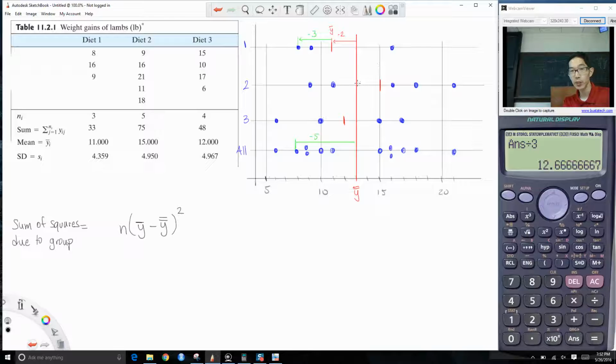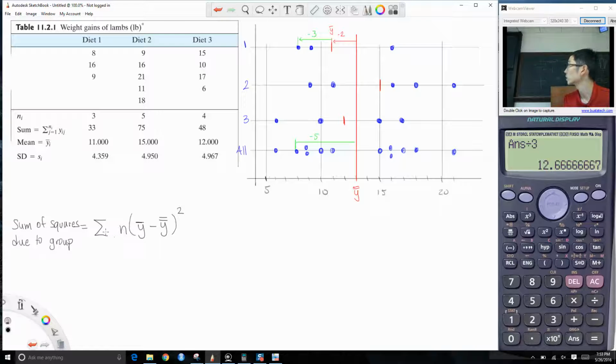Meanwhile, if we look at this one, its group mean is 15, so I would do 15 minus the grand mean of 13, and all 5 data points would have that same thing. So we would still have y bar minus y double bar squared times the number of points in the group, and we would just add this for all groups.